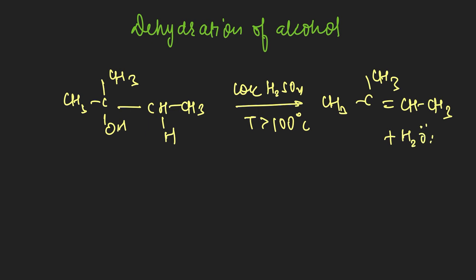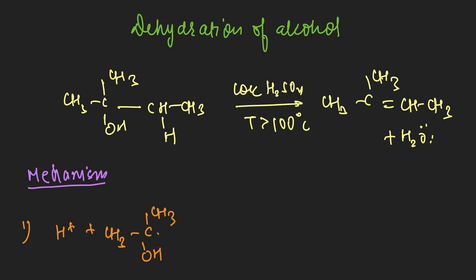So what is the mechanism behind it? What is the mechanism we follow in this reaction? The mechanism being followed first is the fastest reaction in the world. One of the fastest reactions is the acid-base reaction. So here we have H plus, and we have CH3C, CH3OH, CH2 and CH3.